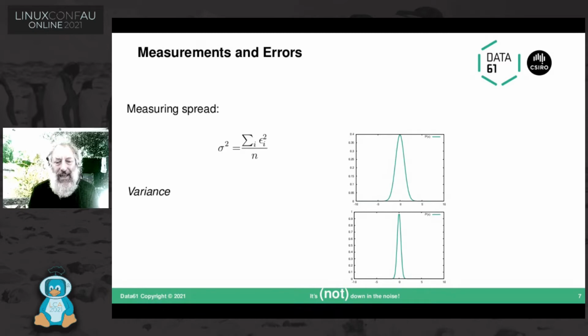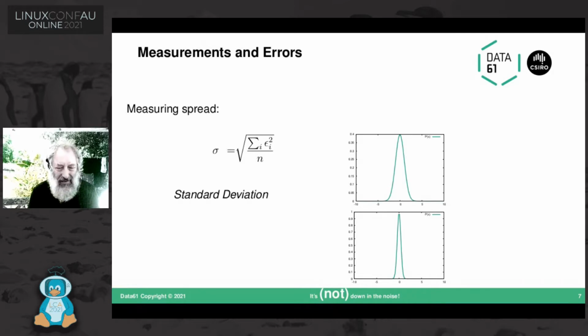It's the sum of the squares of all the errors. You can think of each error, if they're truly independent, as being on an orthogonal axis. So the measure you want for the total error is kind of Pythagoras, and that gives you the standard deviation. It's the square root of the sum of the squares divided by the number of measurements.